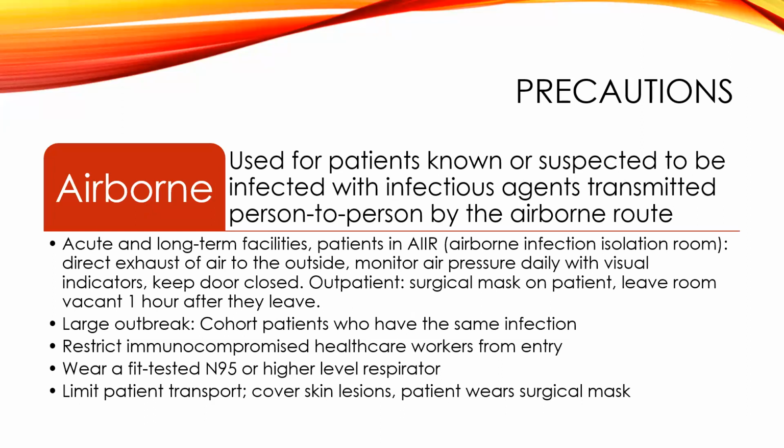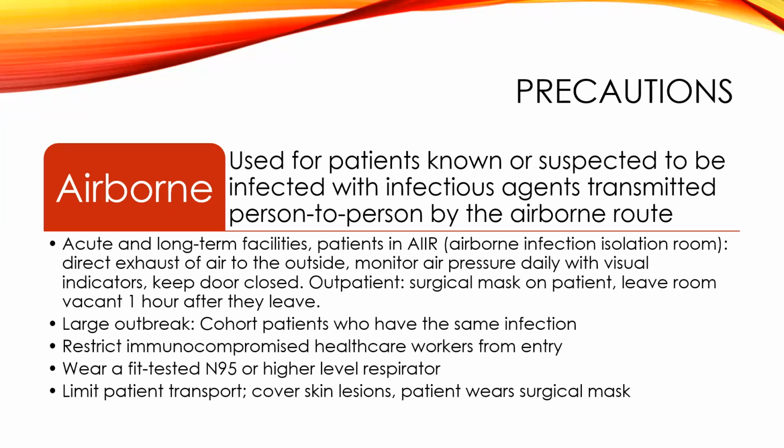Airborne precautions are another type of precaution that you'll run into, and this is when people have an infectious disease that can be transmitted by the airborne route. So if someone is in an acute hospital or even long-term care facilities, they are put in what are called air rooms, an airborne infection isolation room.